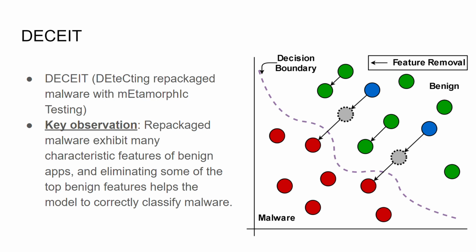Now when we remove the benign features from these apps, we can see that the blue dots convert to red, implying that they cross the decision boundary, their prediction probability changes after removal of those features, and they become correctly classified by the classifier.